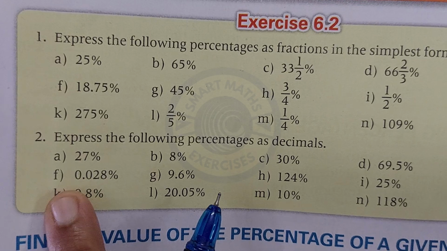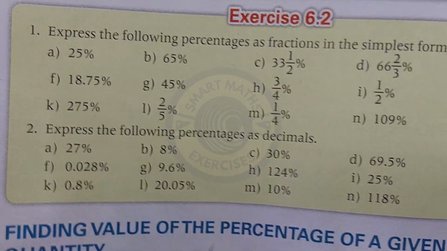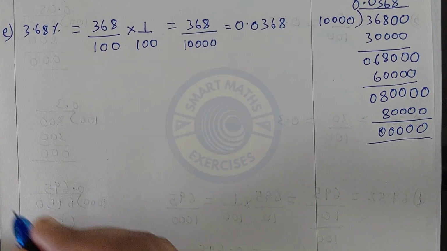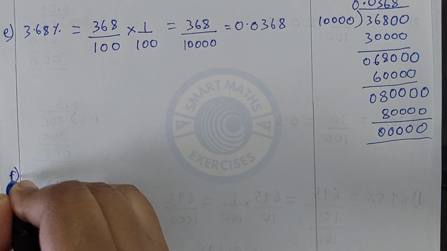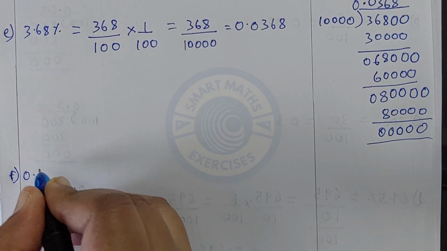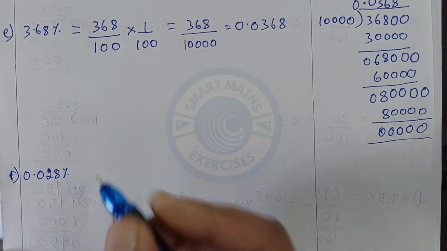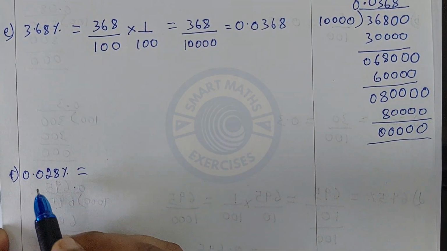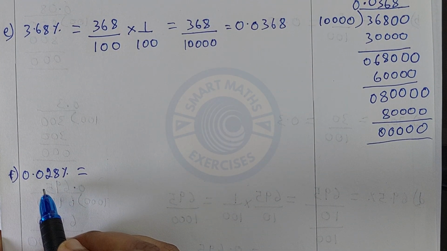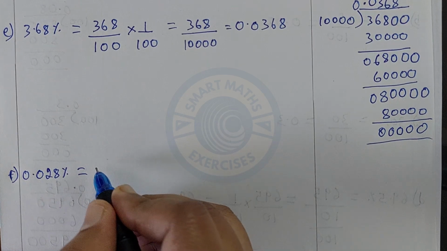Next question, F, 0.028%. Now again this number is a decimal number, so convert this into fraction.